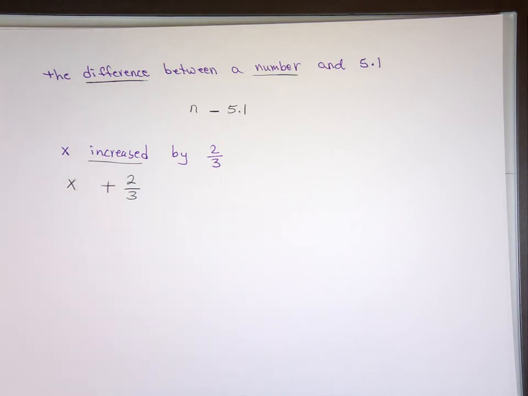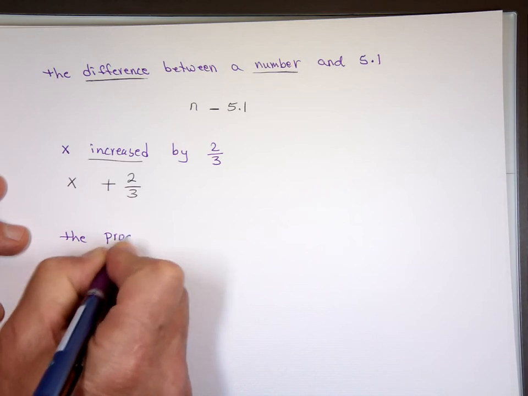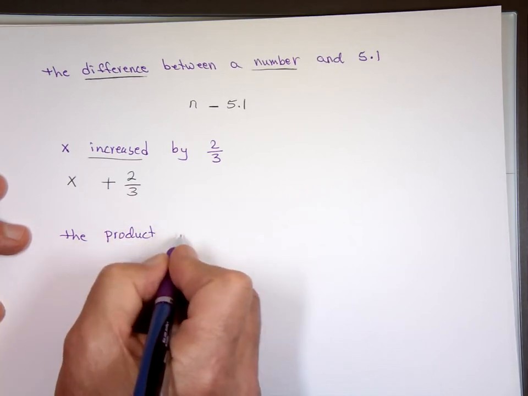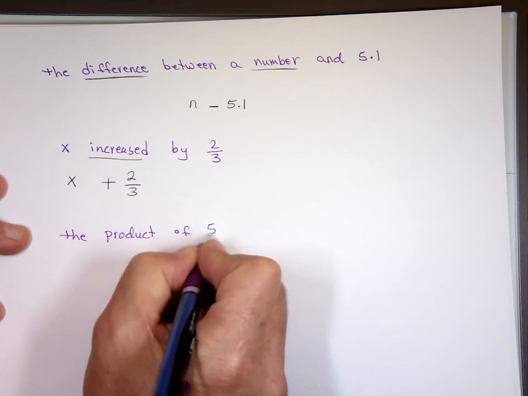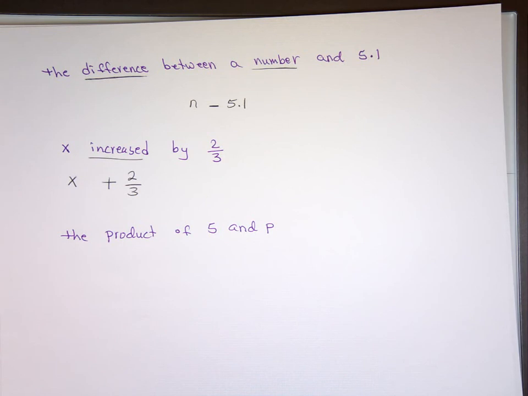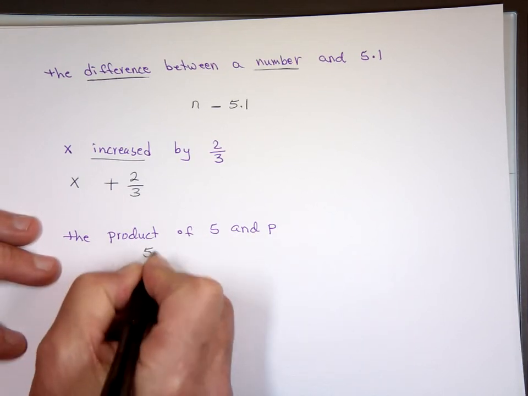Try another one. The product of 5 and P. That's 5P, yes, 5 times P. Product means multiply.